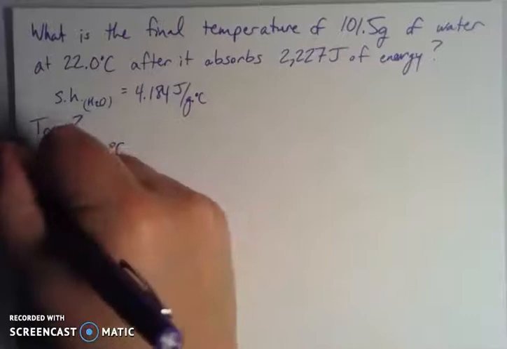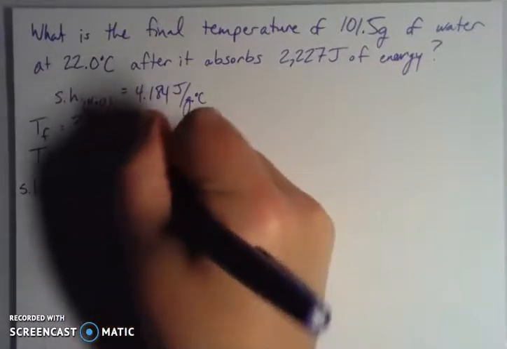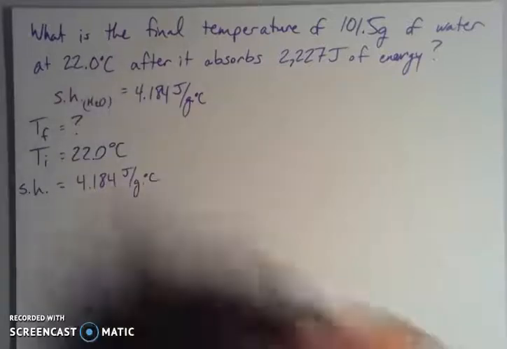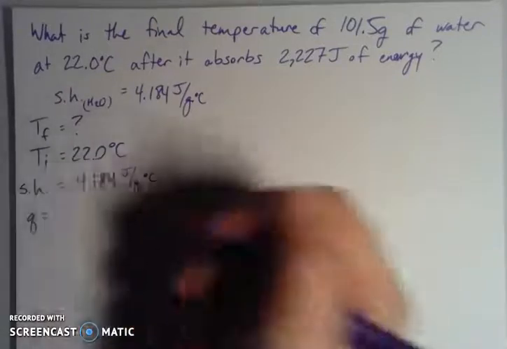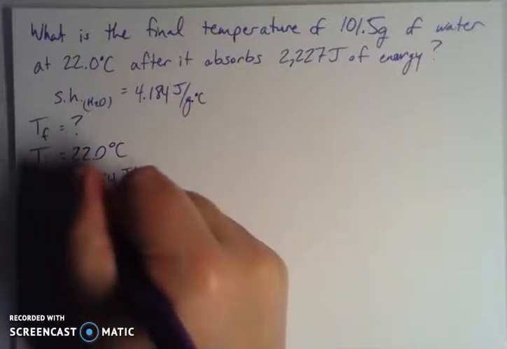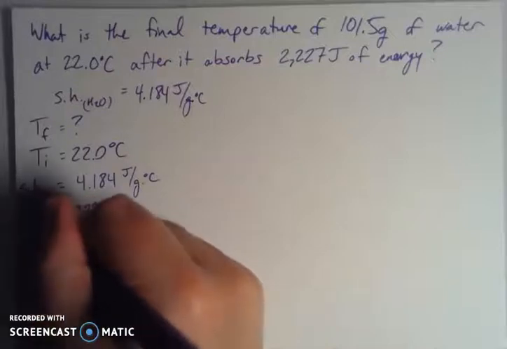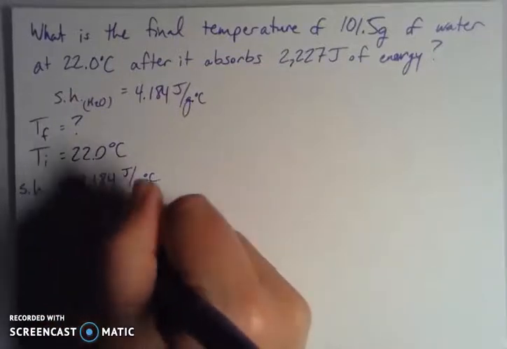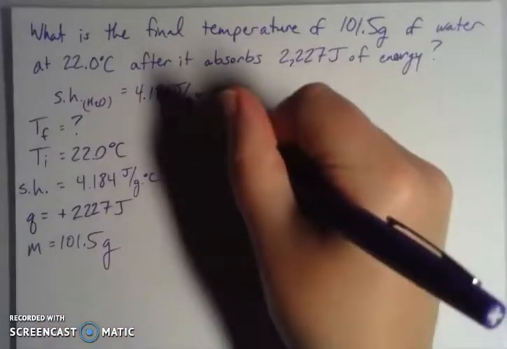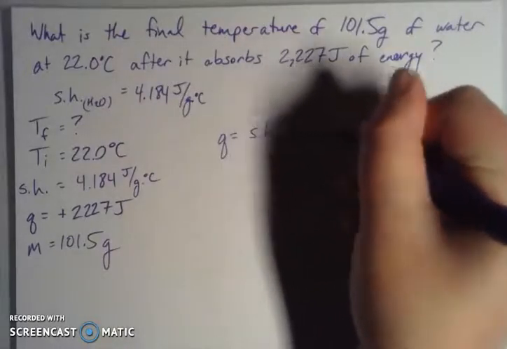I have the specific heat of water, 4 joules per gram degree Celsius. I have the amount of energy that is absorbed, so it's positive, 2,227 joules. And then I have my mass, 101.5 grams.